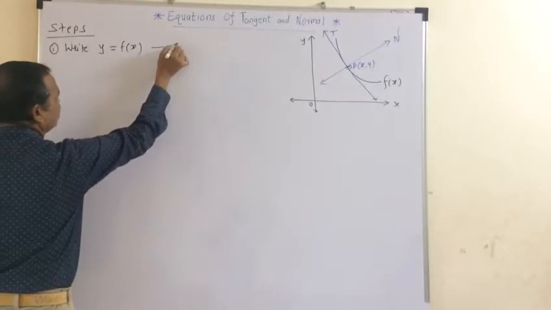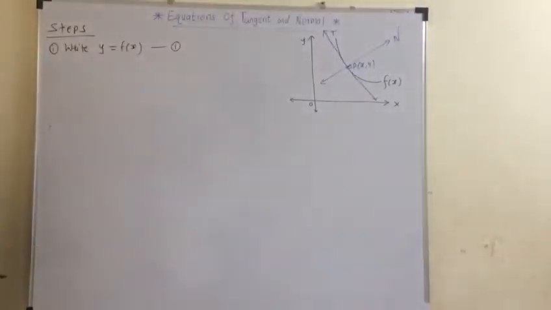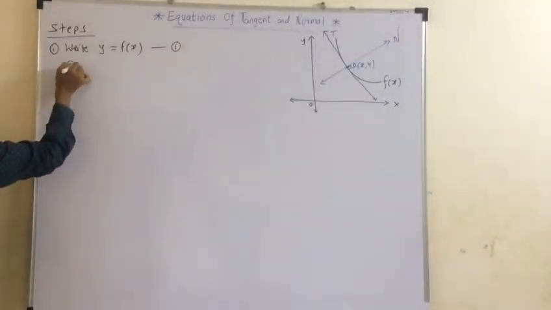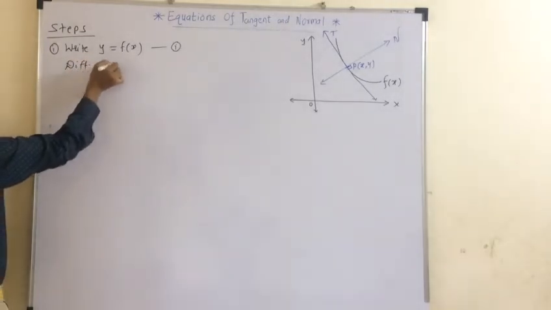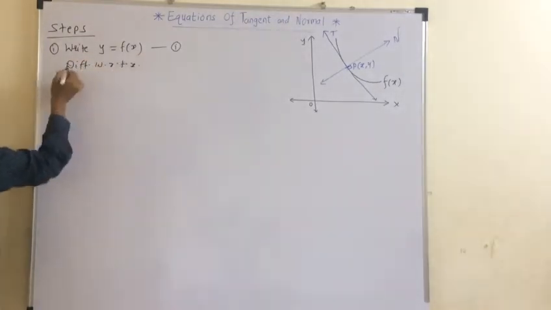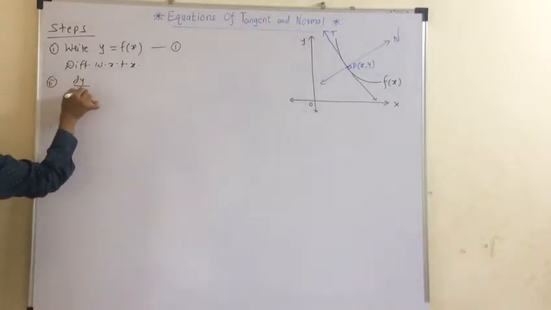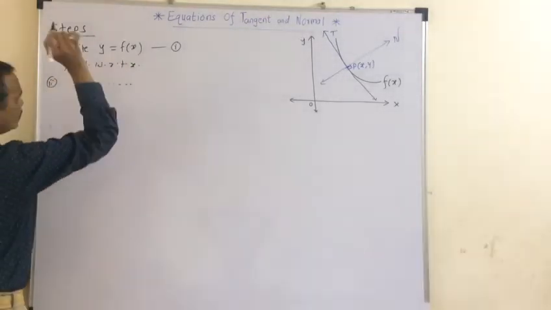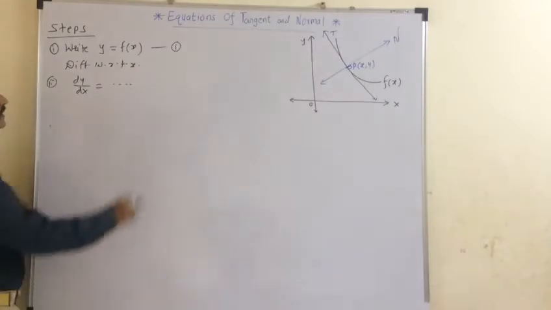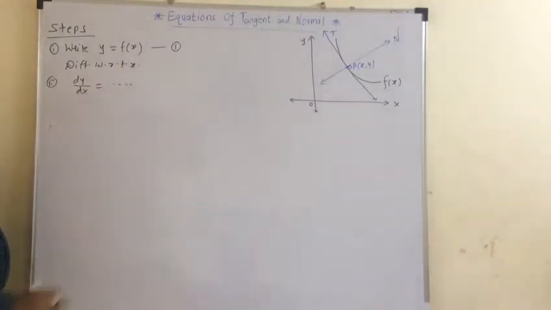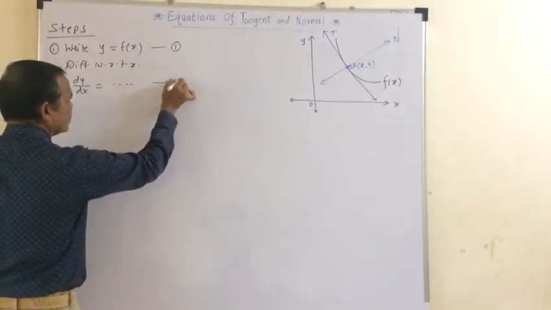Say this is our equation first. Now differentiate with respect to x is our second step. We get dy by dx is equal to derivative of these functions. Now this is second step.